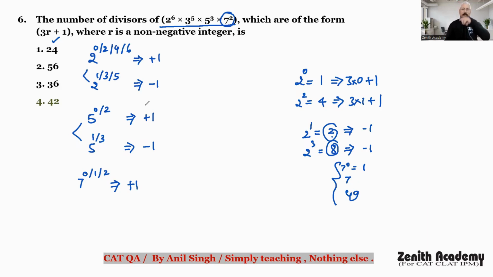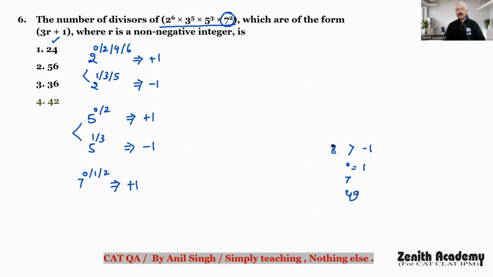So now, the possible cases. How will you count the possible cases? Actually, any divisor when divided by 3 leaves remainder 1. So like here 2, 5 and 7, and here our 0 to 6, 0 to 3 and 0 to 2. Okay, so there are two possible cases.